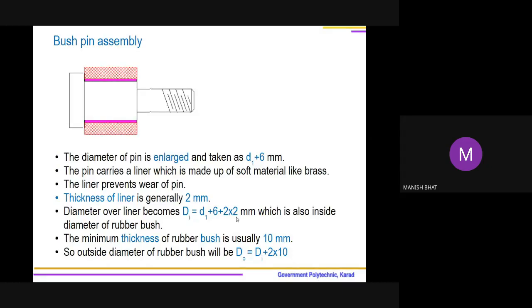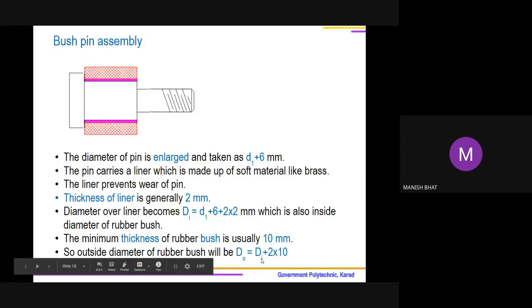So DI is the inside diameter of the rubber bush, whereas the rubber bush has thickness 10 mm. Graphically I may say 10 mm here and 10 mm here. The thickness is 10 mm, so twice the thickness will be added in the diameter. So DI plus 2 times the minimum thickness, which is 10.